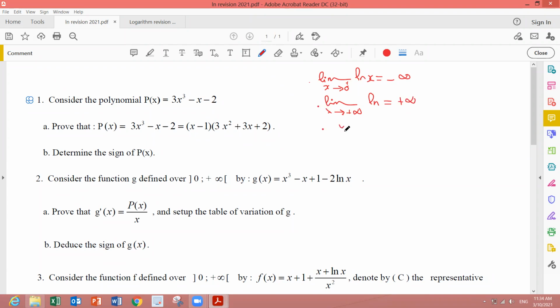Derivative: if y equals ln u, then y prime equals u prime over u.